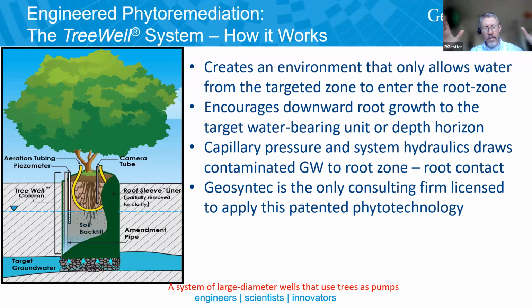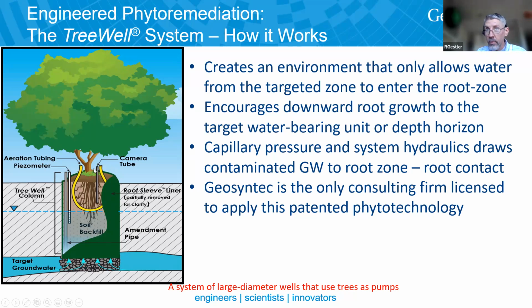We then install a liner that literally lines the edge of that borehole. It's open at the bottom, it's open at the top. We then install downhole instrumentation like passive gas exchange tubing that you see there in yellow, piezometers to monitor groundwater elevation, even some fertilizer injection tubes. We then backfill with an imported agricultural grade soil up to surface.